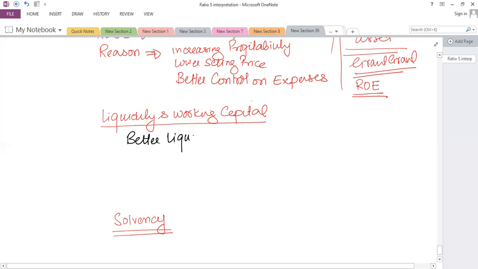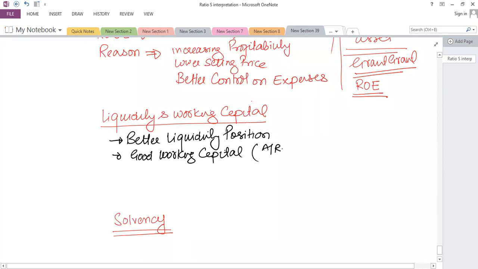The first company is having a better liquidity position in terms of current ratio, obviously, and good working capital ratios in terms of receivables and in terms of inventory. So as their working capital position is good, that is reflecting in their liquidity position. Okay.